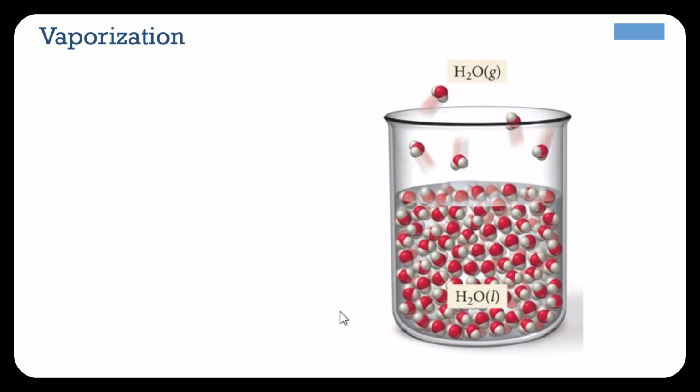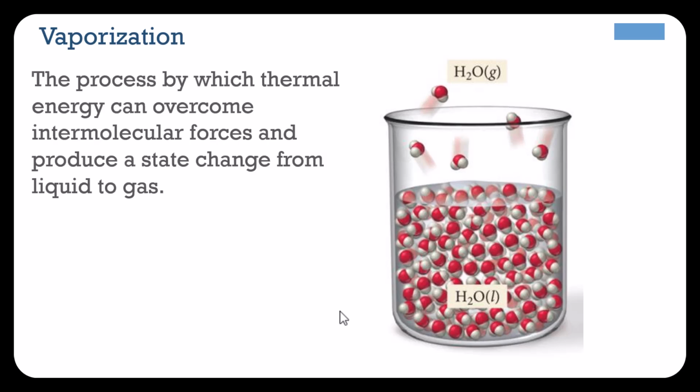Now, in order to do that, just like in boiling, we have to overcome those intermolecular forces that are holding those particles in the liquid phase. So we have to have enough energy, specifically thermal energy, to overcome those intermolecular forces, which allow a state change, allow those particles to be released as the gas phase.